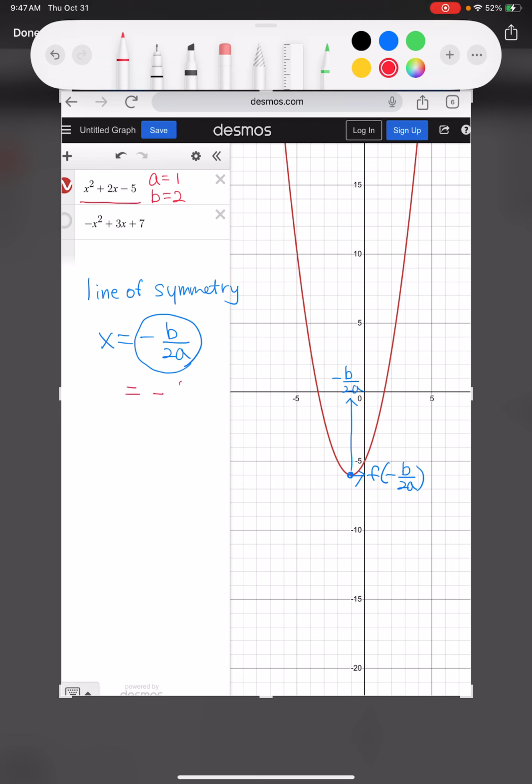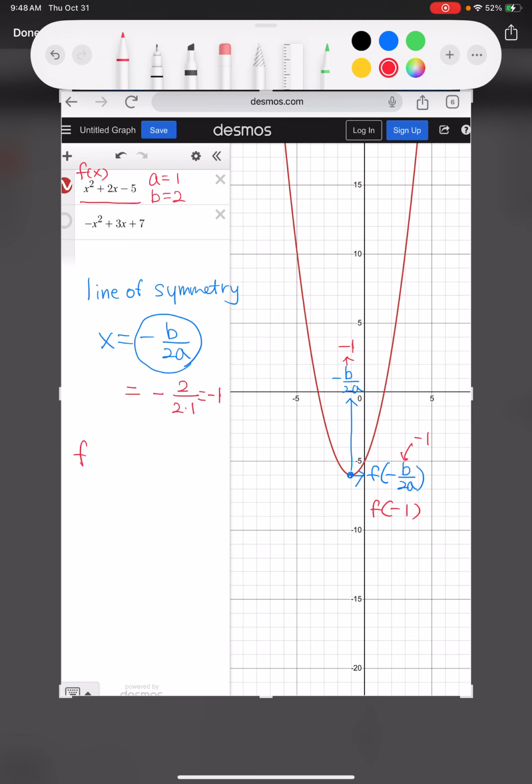So we have 2 over 2 times 1, so we have minus 1 for x. And we want to plug into this f of x equation. This is your f of x. We want to plug in negative 1 here, so we're trying to calculate f of negative 1.